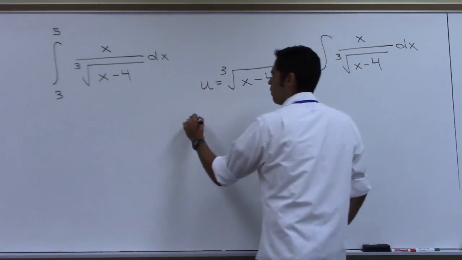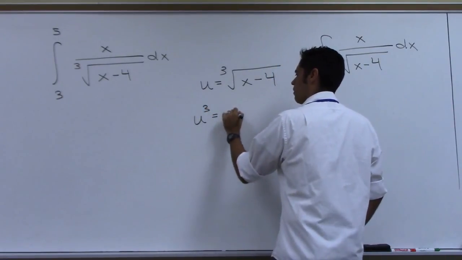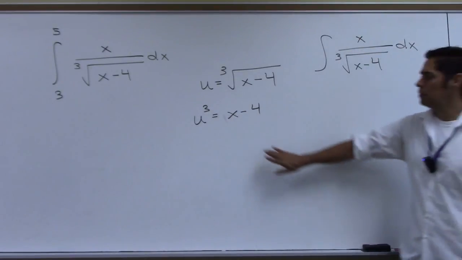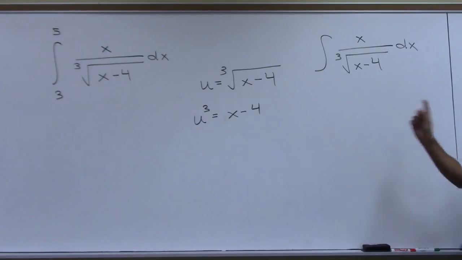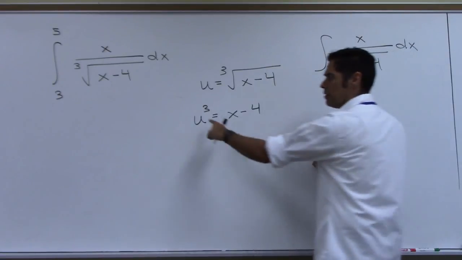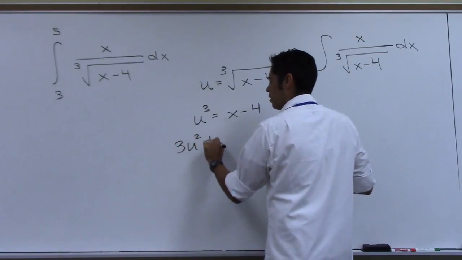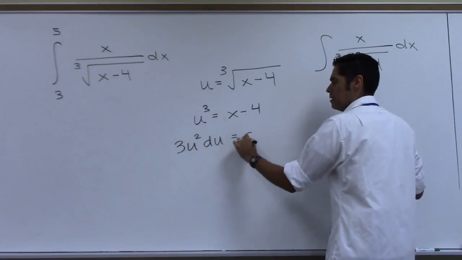But I showed you this once. If I cube both sides, I get that, don't I? And now if I take the derivative on both sides, the derivative of the left side is 3u squared du, and the right side, the derivative is dx.